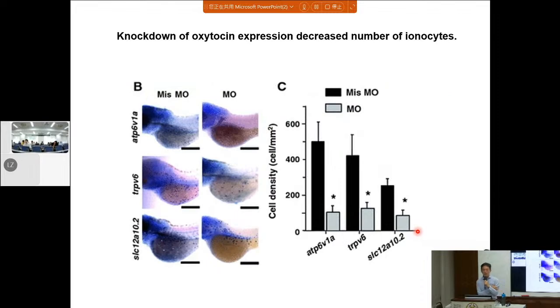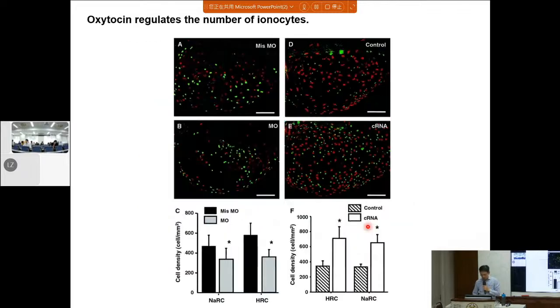When we try to measure the number of the ionocytes, we found that the three types of ionocyte, this is ATP6V1A, a proton pump-rich cell, sodium pump-rich cell, and NCC cell, are all significantly decreased.